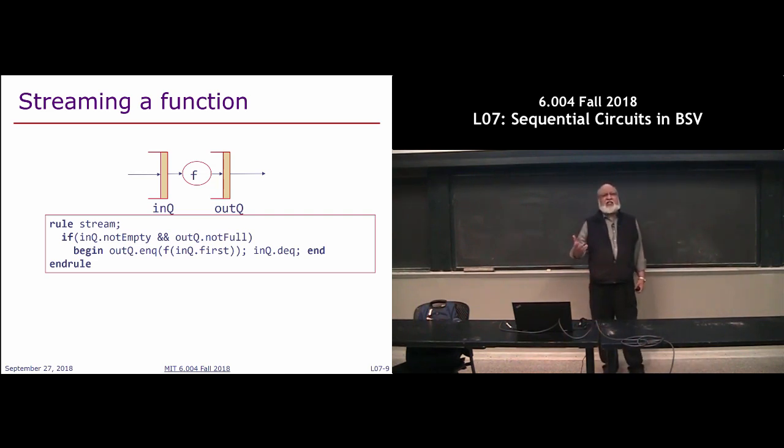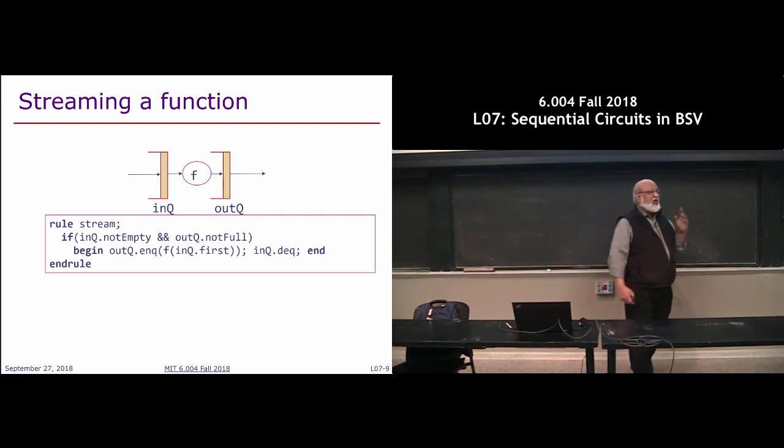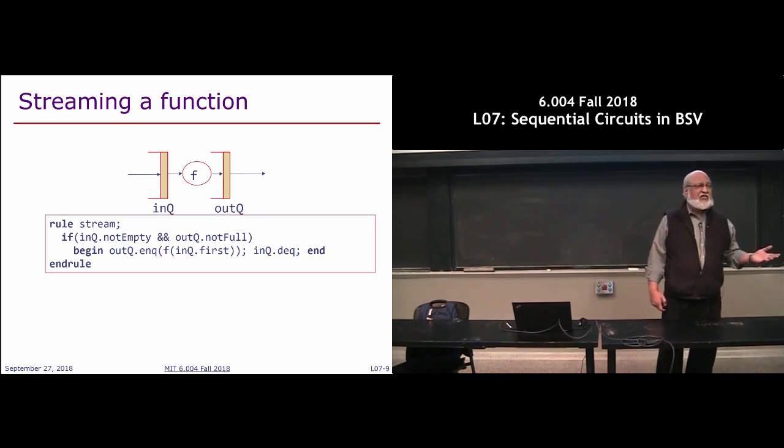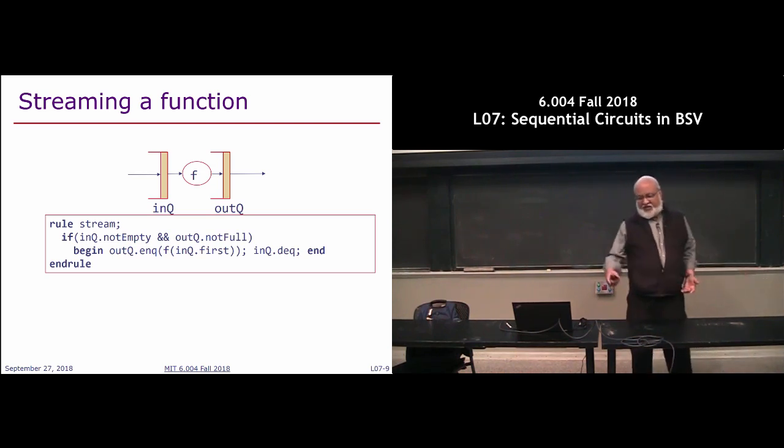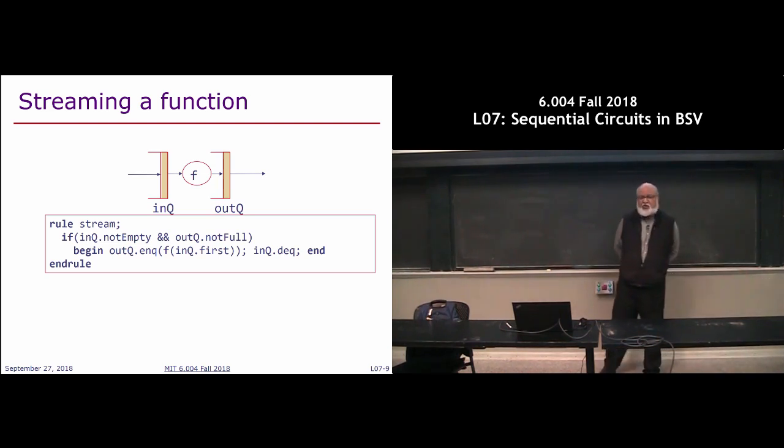But under what condition will this system work? Under what condition can f be computed? F is some combinational function. Only when there is some input, right? So input q cannot be empty at that point. And that's what you see here, in q not empty.